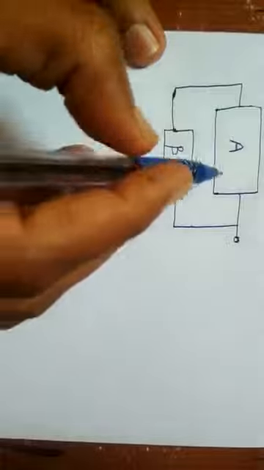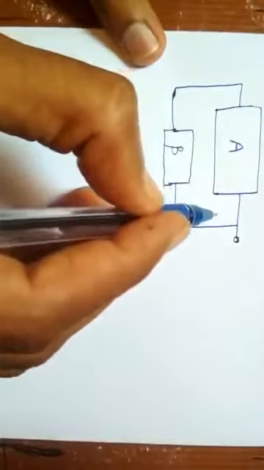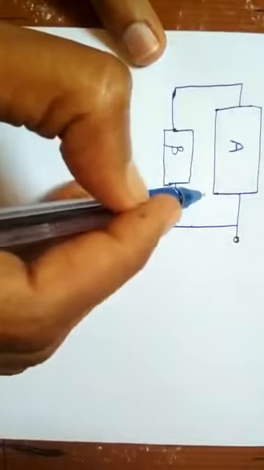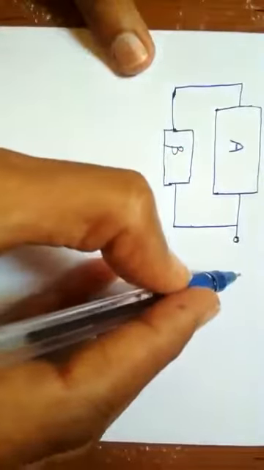I repeat, if this network satisfies Barkhausen criteria, then this network becomes an oscillator. Means an amplifier becomes an oscillator after satisfying Barkhausen criteria.